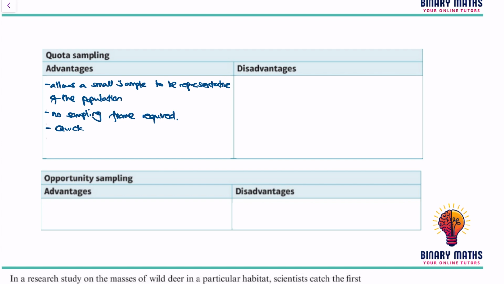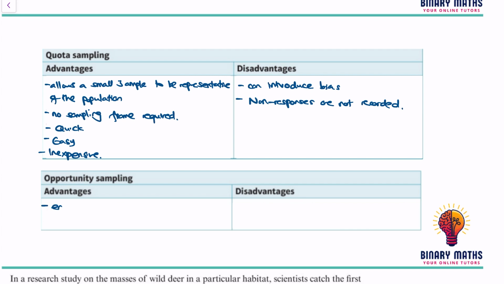Quick, easy, inexpensive. Disadvantage is can introduce bias, and non-responses are not recorded.